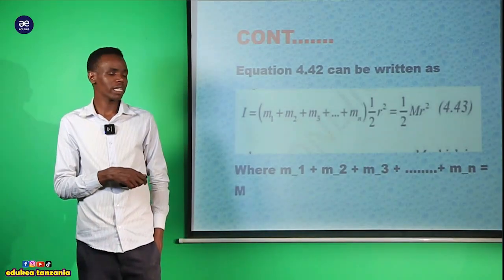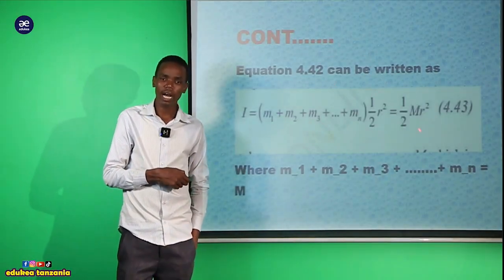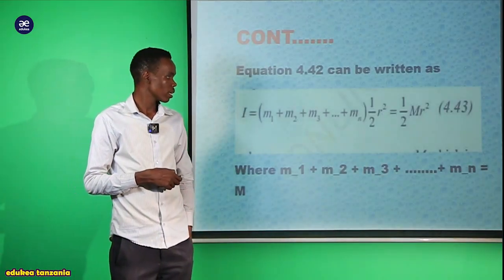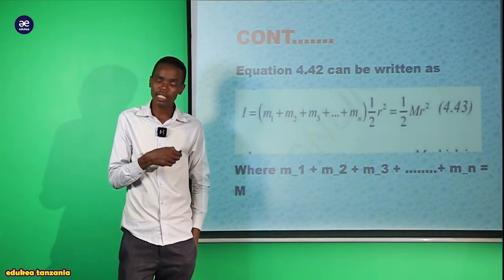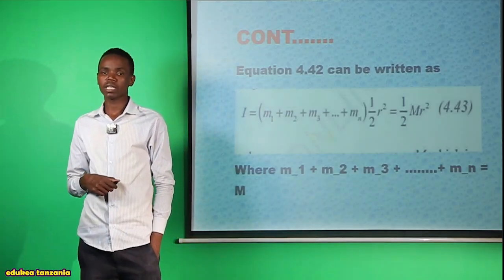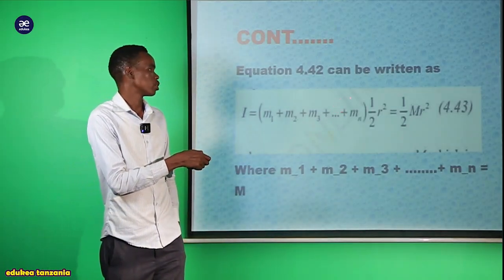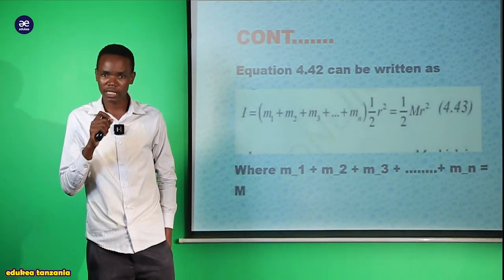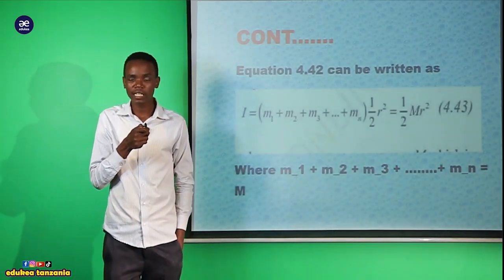So instead of writing m1 r², we add m2 r², we add m3 r², and so on, plus mn times r². We should put these together because the radius and the half are the same. Now we are supposed to factor it out.